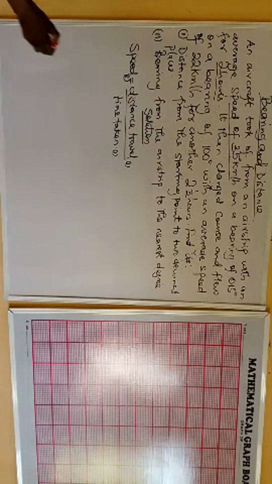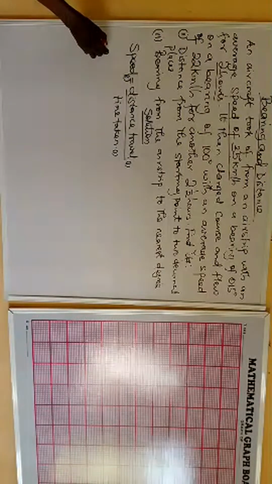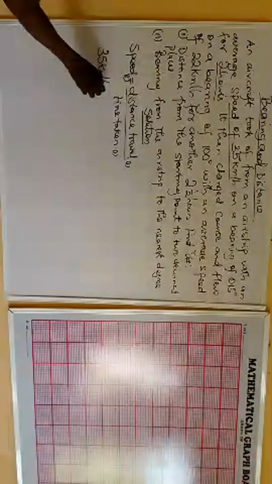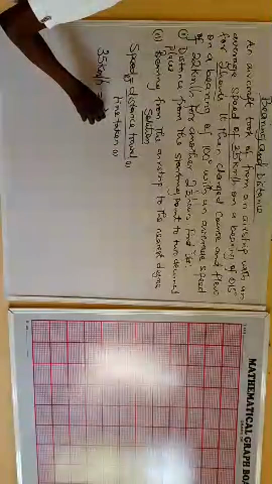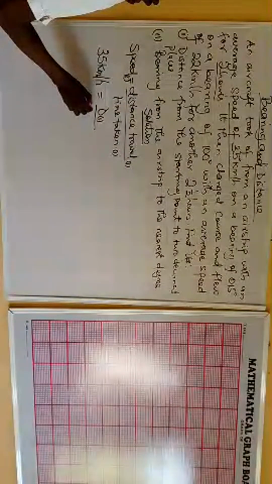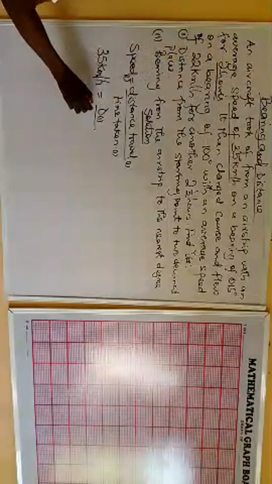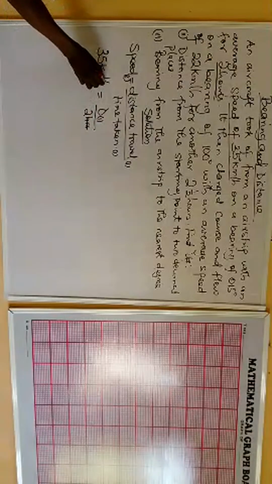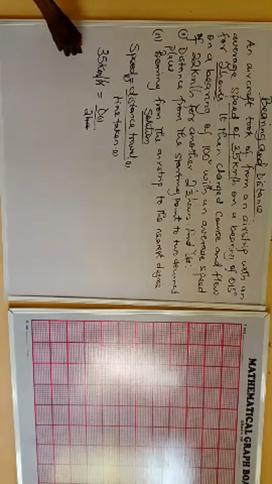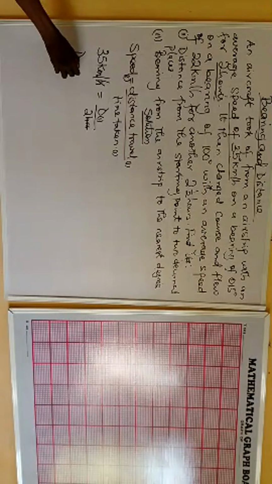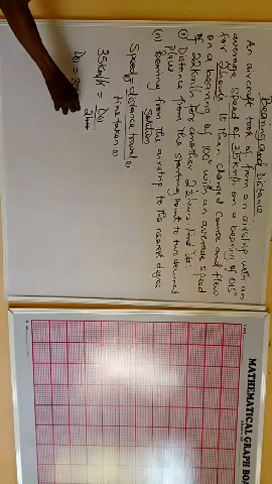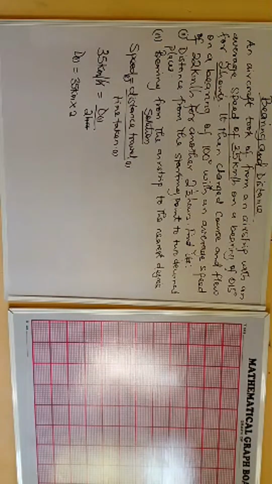Look at it: speed 1 is 35 km per hour. We are looking for distance 1. Take note, time 1 is 2 hours. So hour cancels hour, and the first distance will be 35 km times 2.